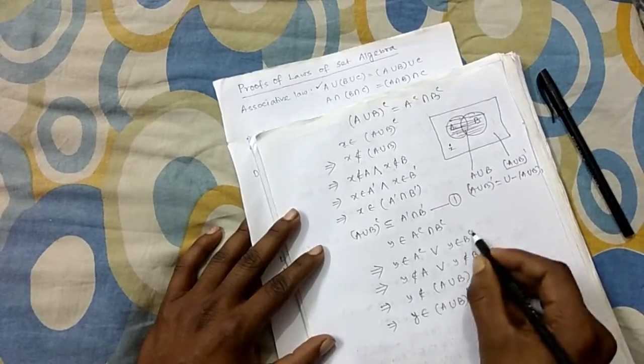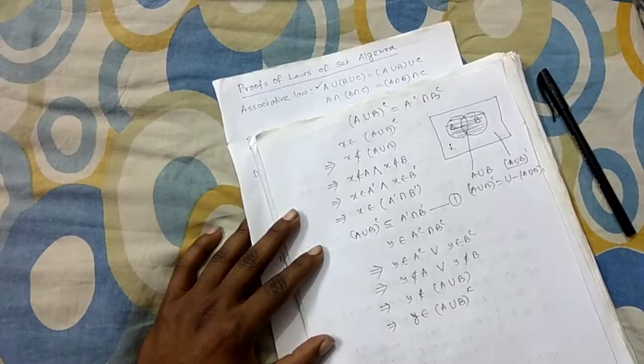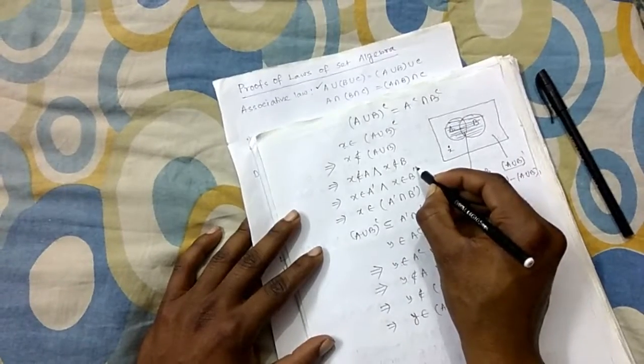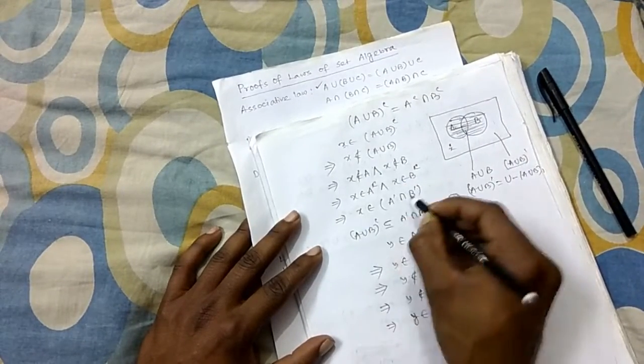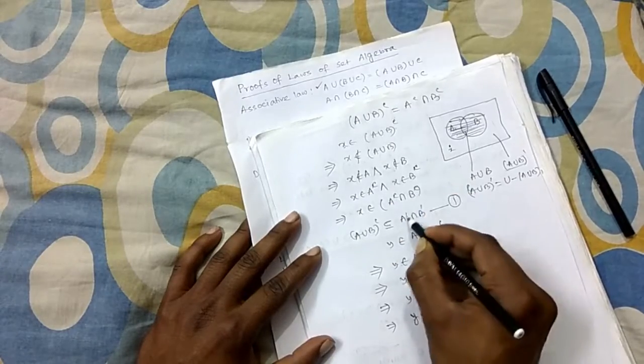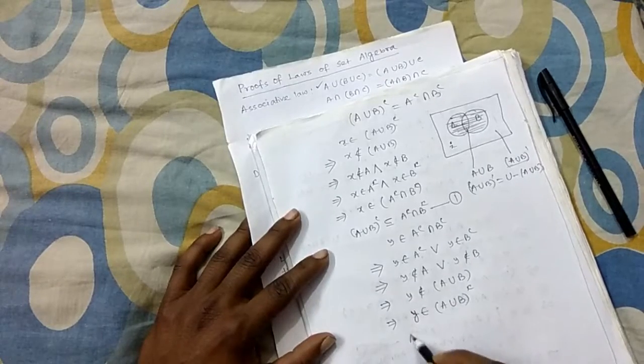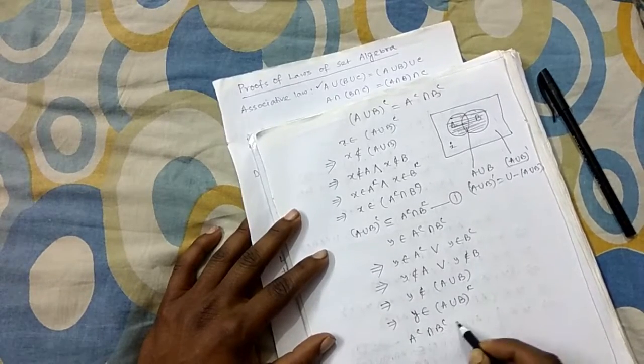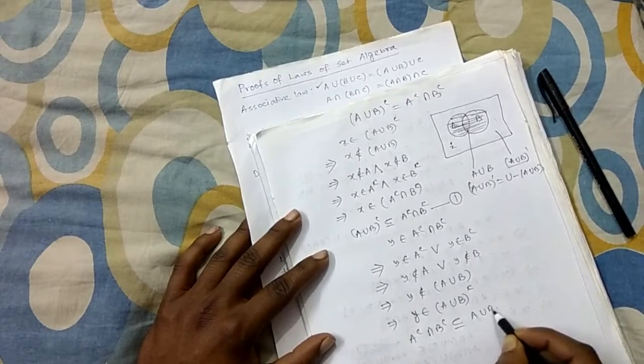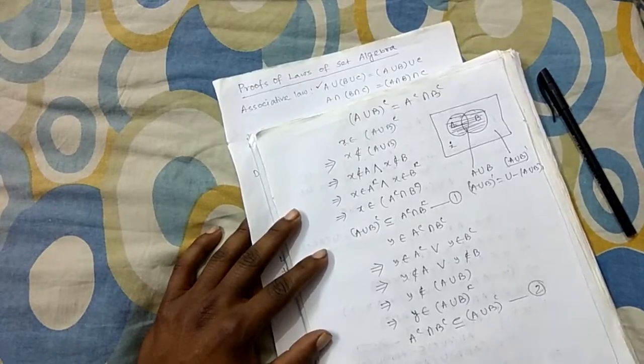Oh, I have given it C here, so let's give it C. Okay, no problem. Everything is C here. So we can say A complement intersection B complement subset of A union B, its complement, from 1 and 2.